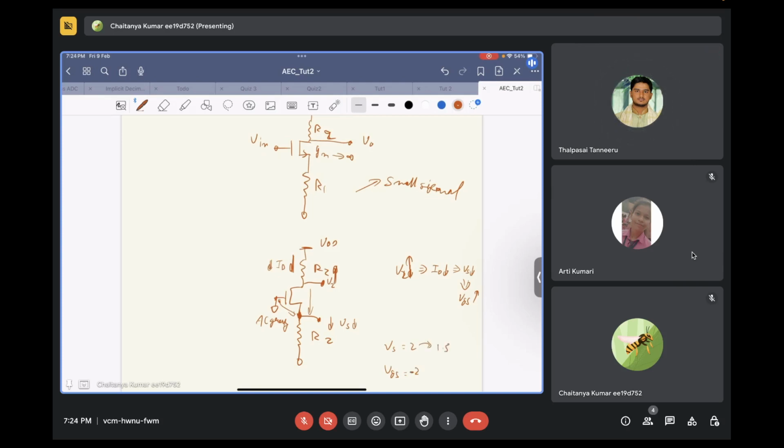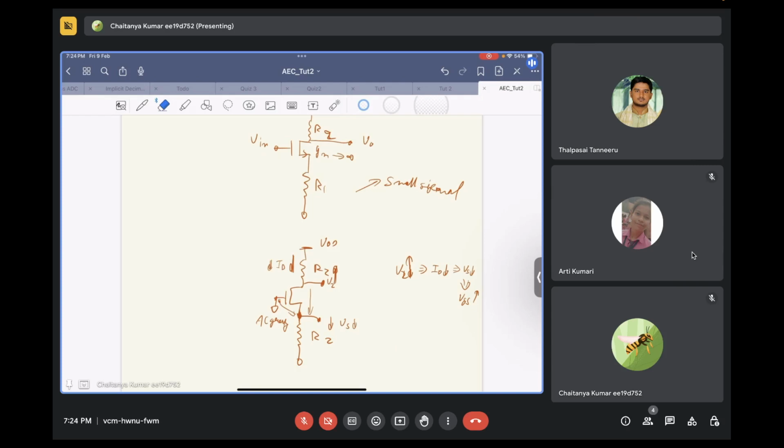What happened to VGS? It is minus 1.5 volts. Did it increase or decrease? VGS increases. The magnitude of VGS is reduced, but VGS is increasing in terms of sign, not in magnitude. So VGS has increased.